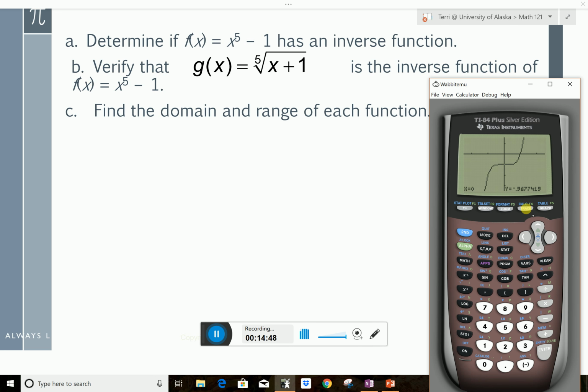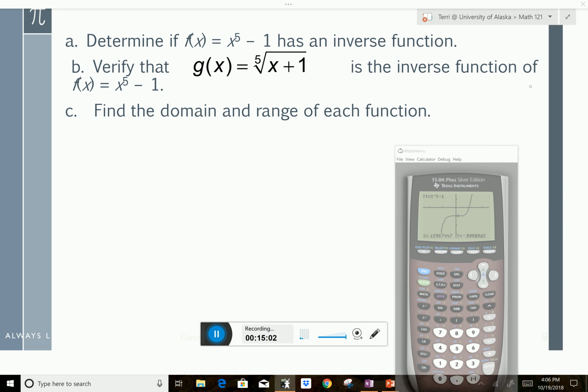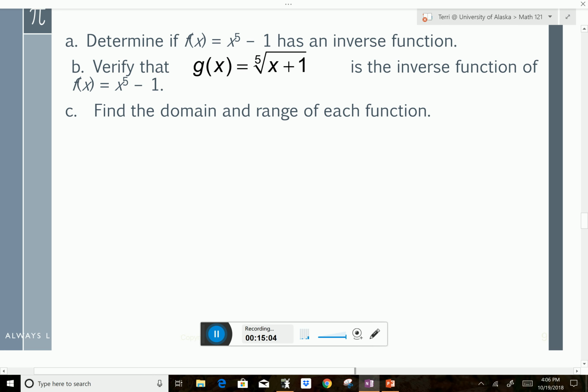If I move this with my trace, you can see how it moves up just a little bit. It looks like negative 0.999989, but it does move. So A, yes, it passes the horizontal line test.